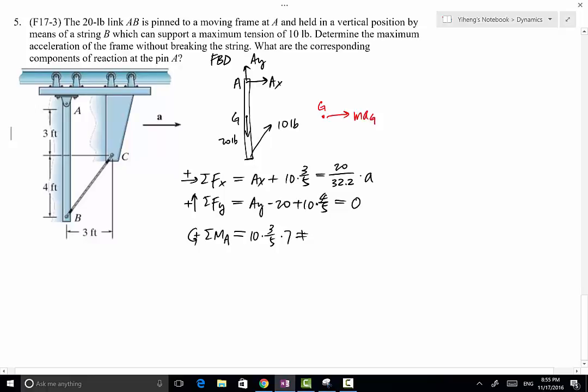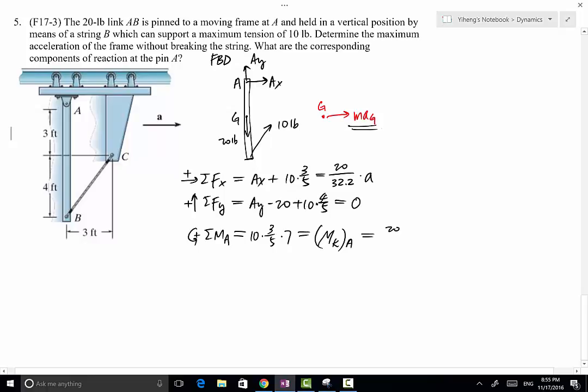And that does not equal 0, obviously, but instead it equals the kinetic moment about point A, which equals the moment caused by the kinetic force MAG about point A, which is counterclockwise.